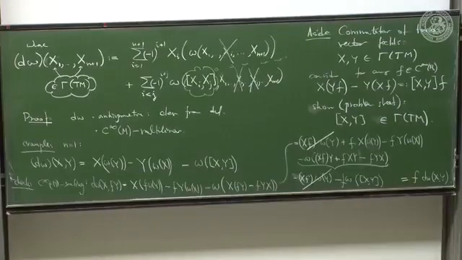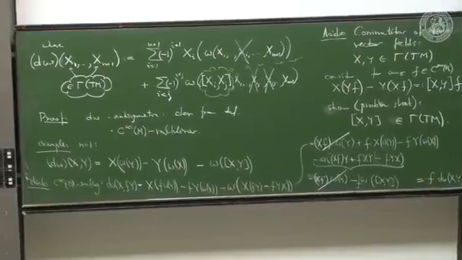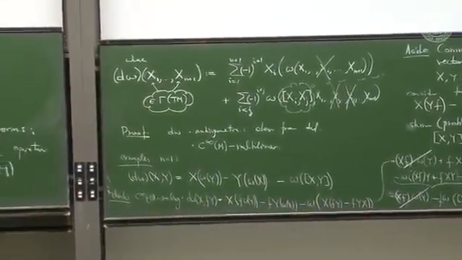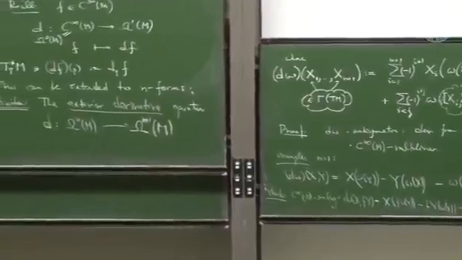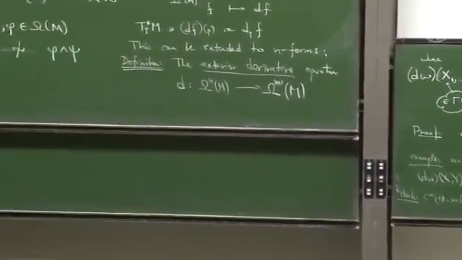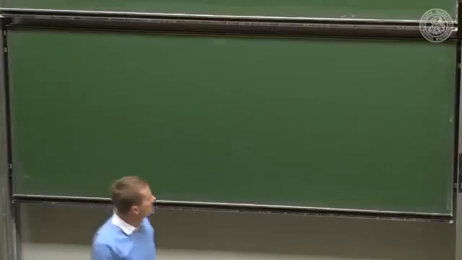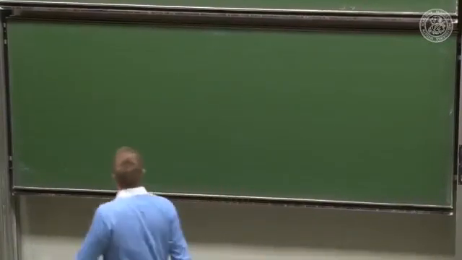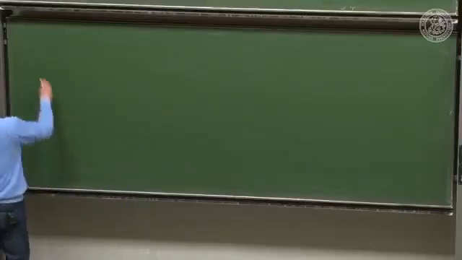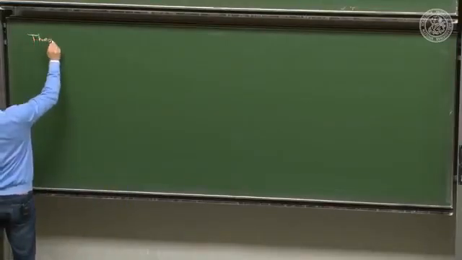And so then there are two more remarks. So the question is, how does this D commute, how does it talk to the wedge?